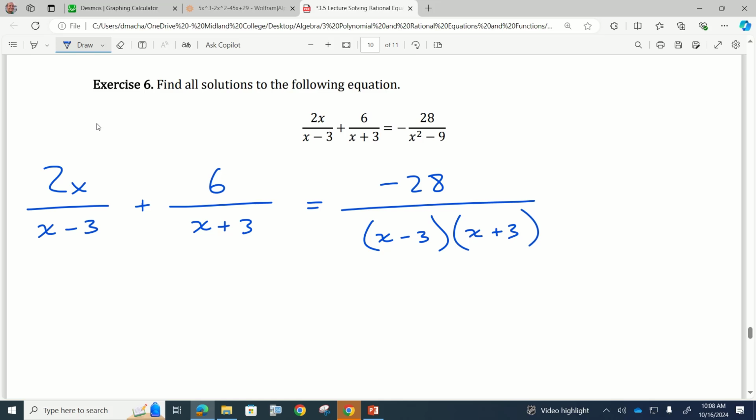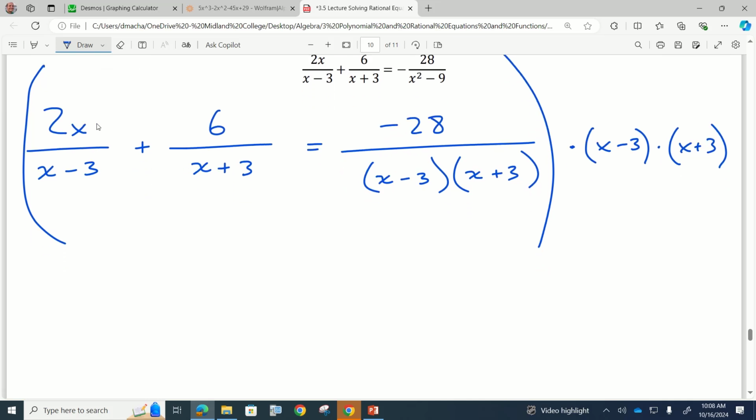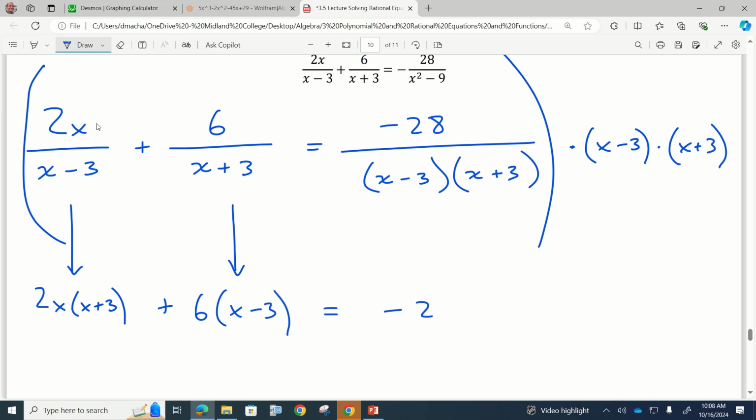And then I want to multiply the whole thing times every denominator, so x minus 3 and x plus 3. Then the first term becomes 2x times x plus 3. The next term becomes 6 times x minus 3. And then that is equal to negative 28.